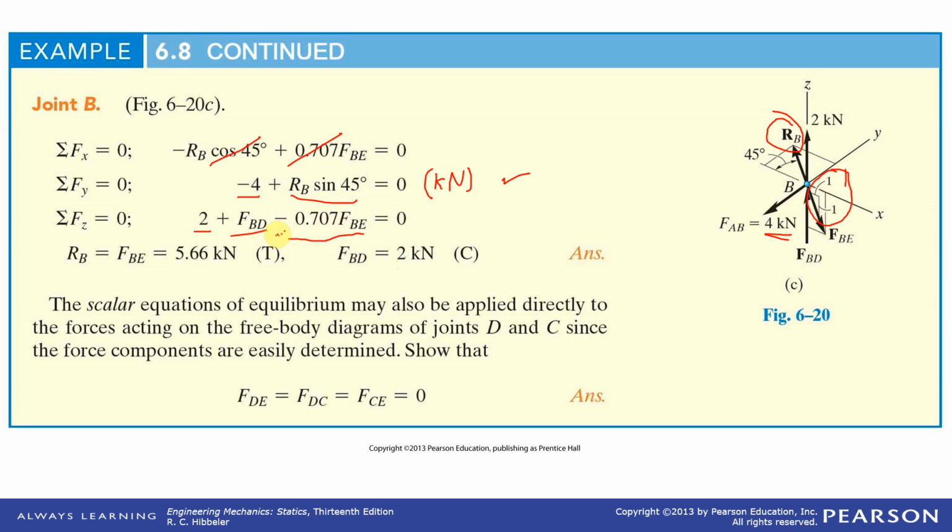So RB is going to be 4 over sine 45, which is going to be 1.4 times 4, 5.66.